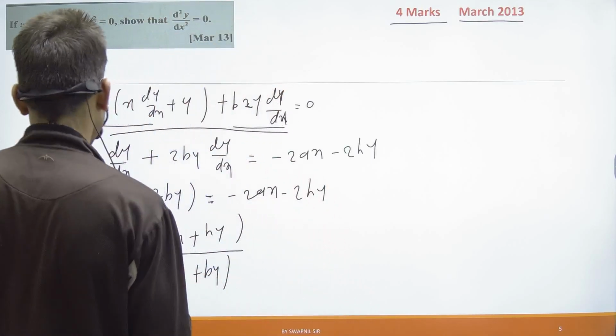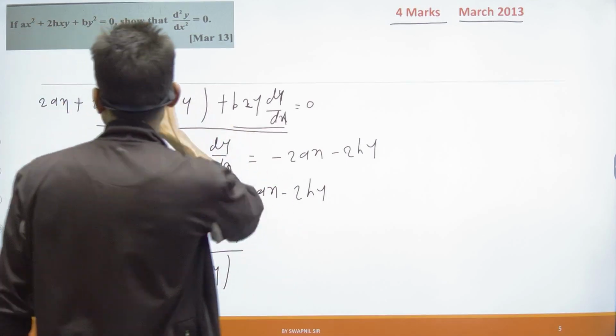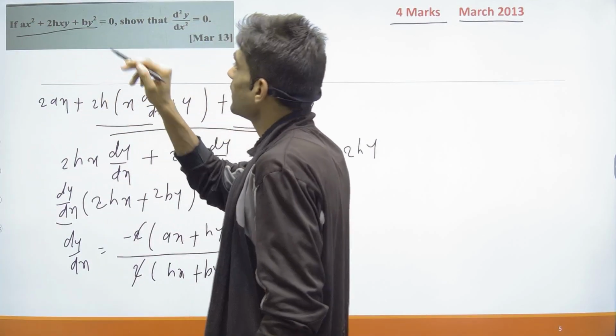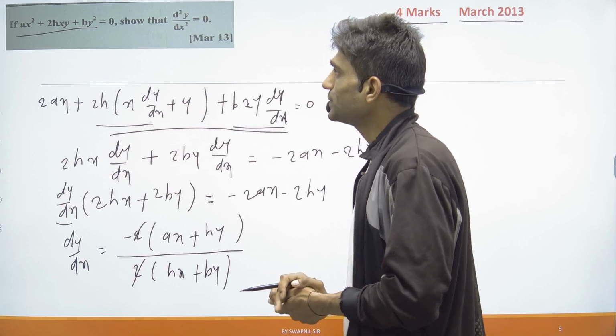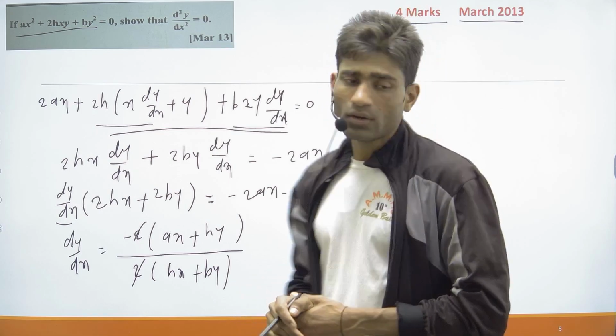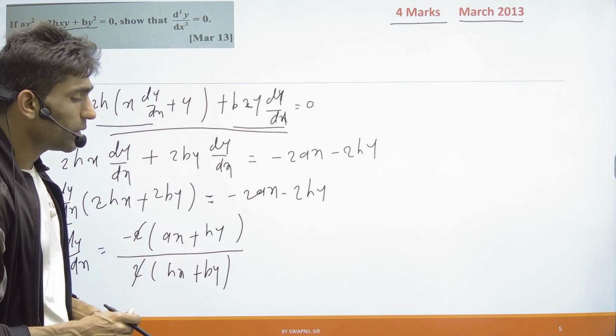So try to find the value of ax plus hy upon hx plus by using our given ax square plus twice of hxy plus by square, which is equal to 0.